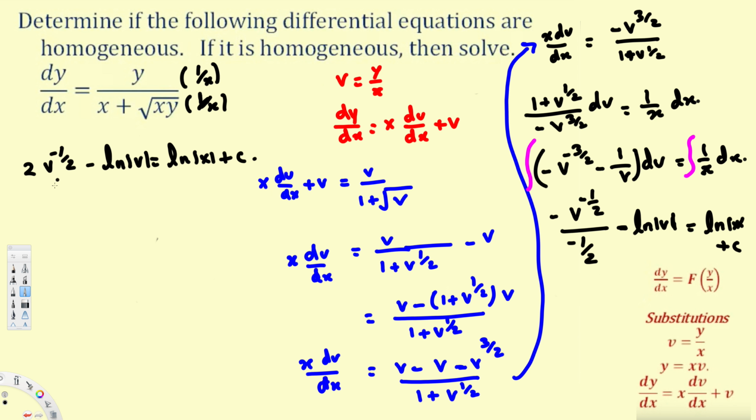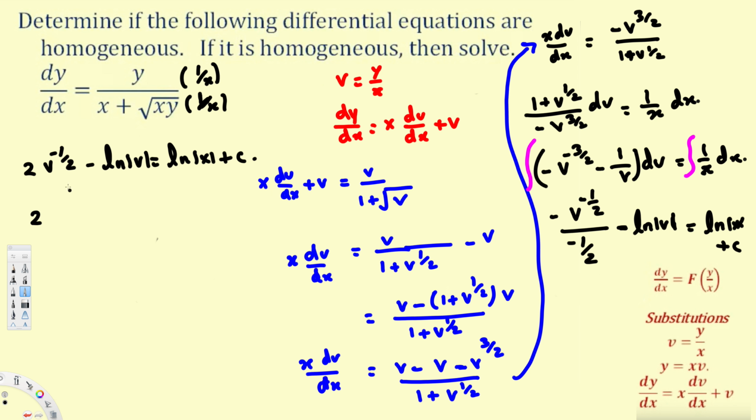And now the final thing is we have to write everything in terms of y and x, because initially we had this equation in terms of y and x, so we have to replace everything back. And we know that v is equal to y over x, so we can write this one right here.